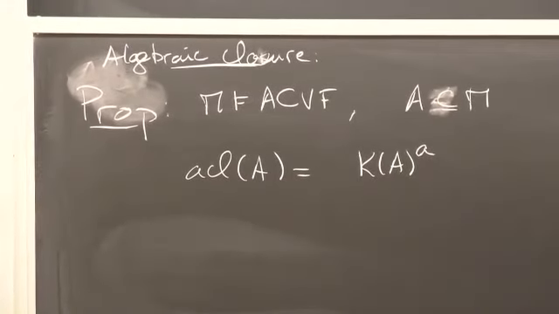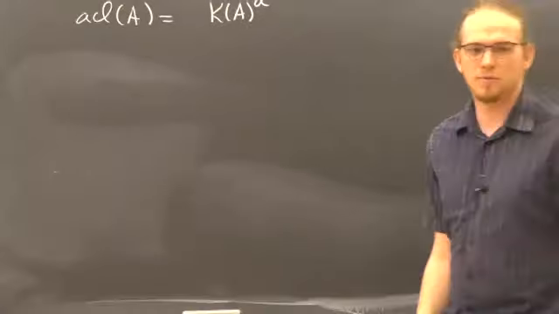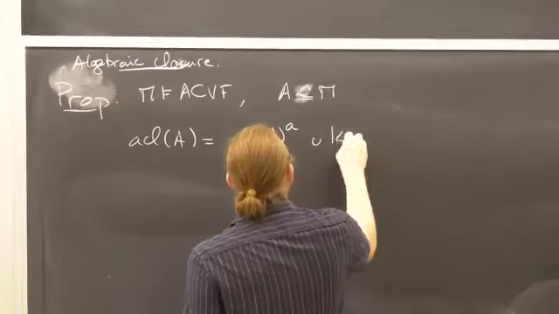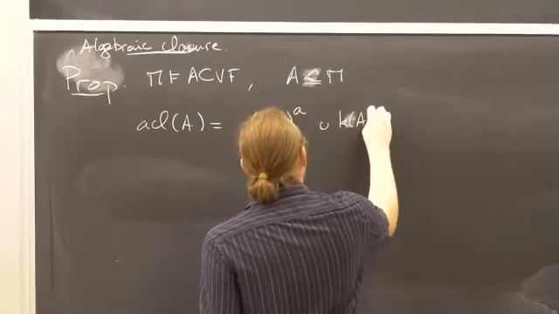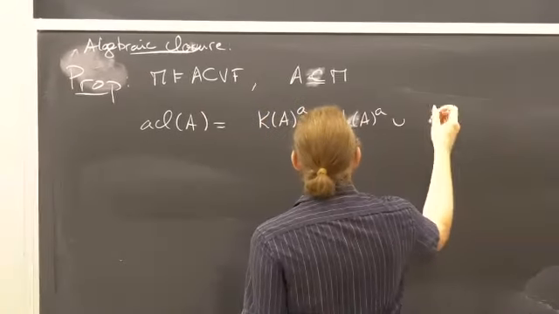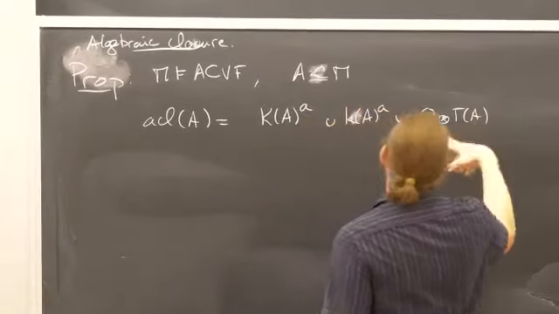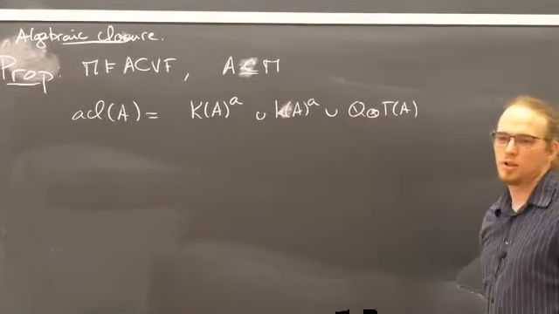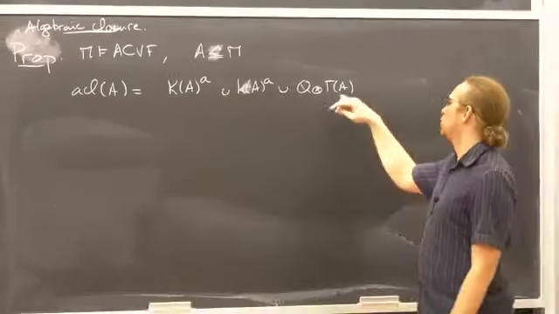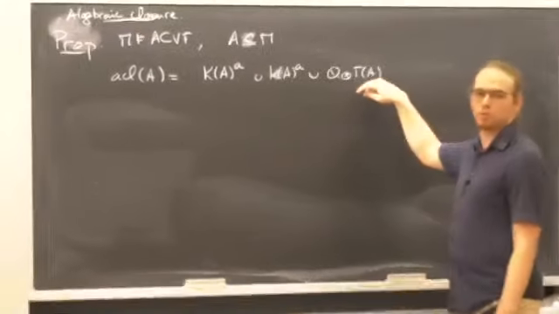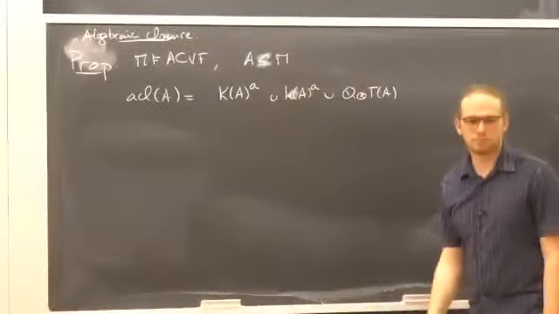So you first generate a field and then you take the algebraic closure. In the residue field, you do the same thing. And in the value group, you take the divisible hull. So once again, with the unsaid abusive notation that you first generate a group and then you take the divisible hull.